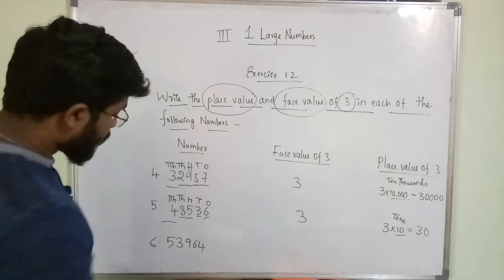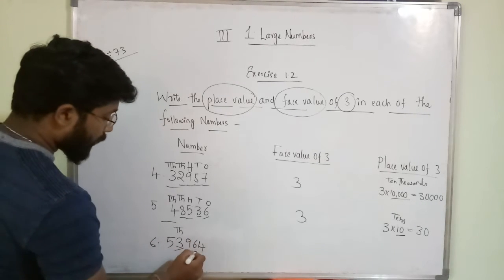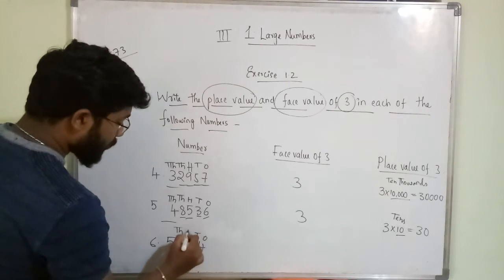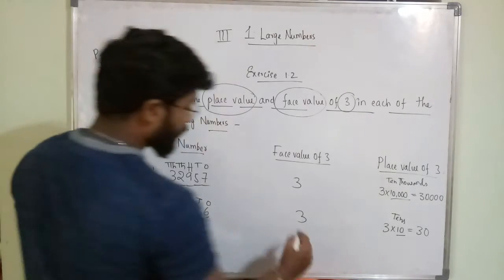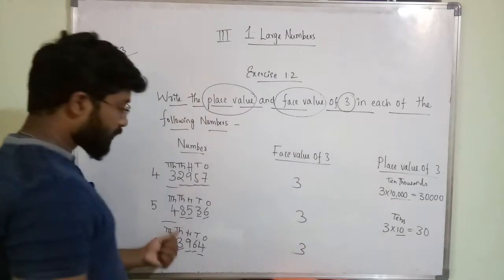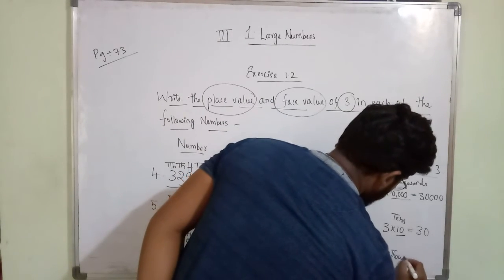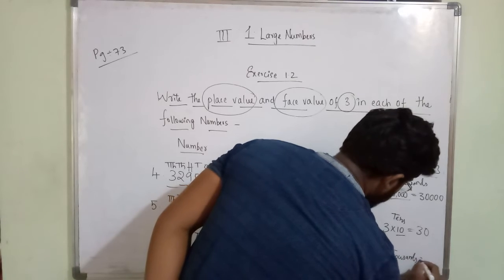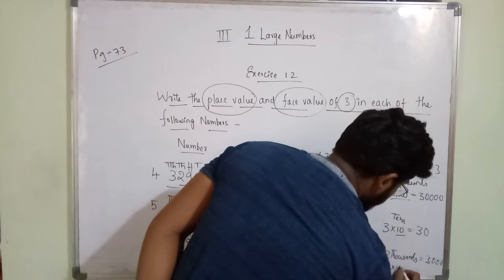53964. So here 3 is in which place? Thousands place. Okay, let us see. Ones place, tens place, hundreds place, thousands place, 10,000s place. So what is the face value? 3 only. What is the place value? 3 is in thousands place, so 3,000s equals 3,000. 3,000s means 3 into 1,000.